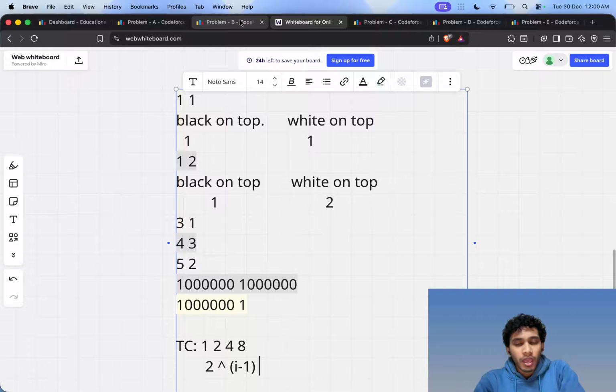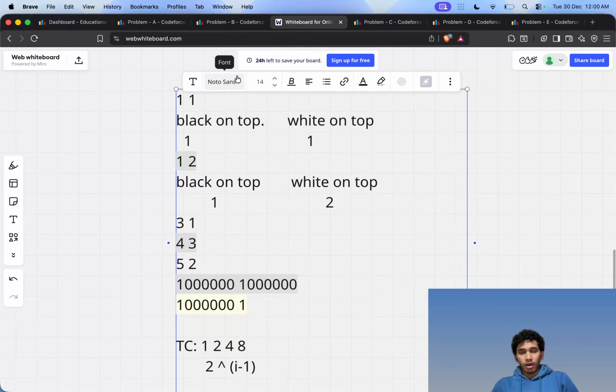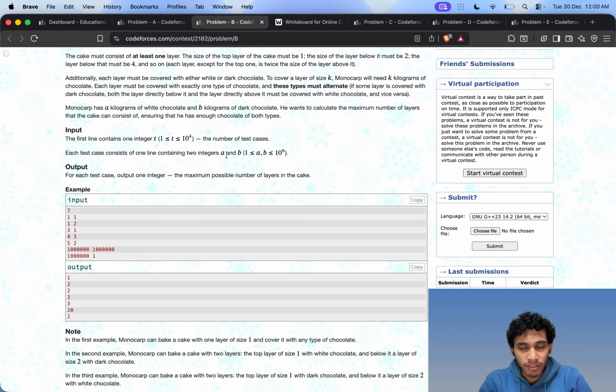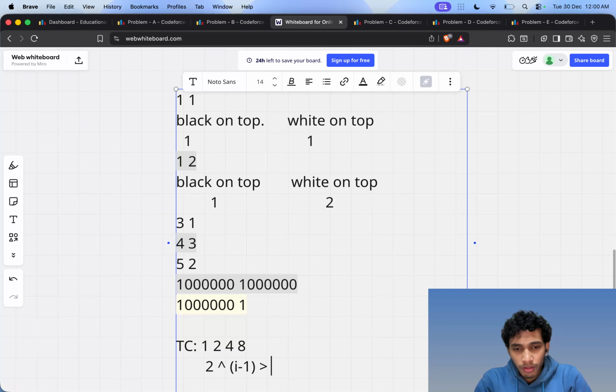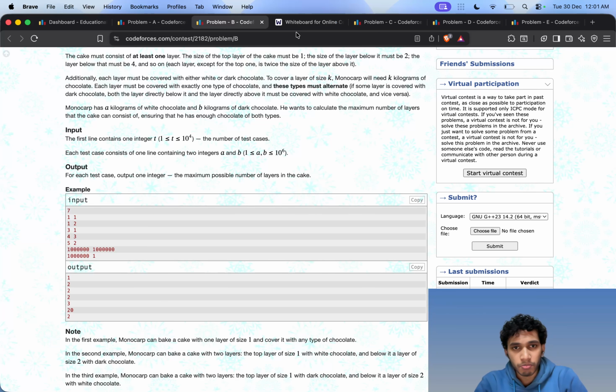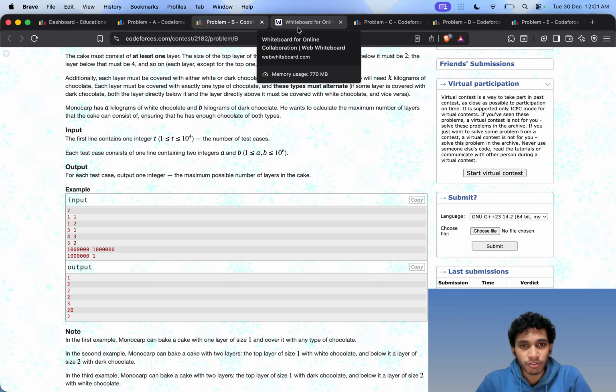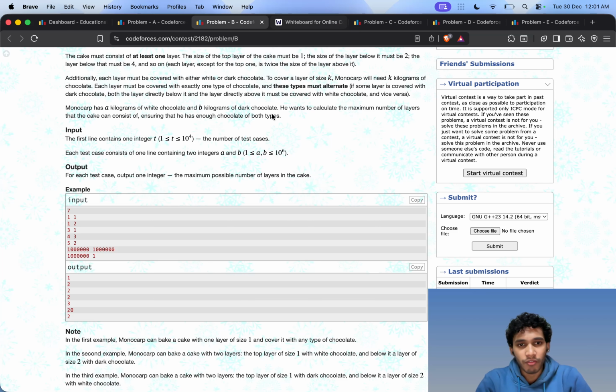And this iteration or looping will stop as soon as this number 2 to the power I is greater than either A or B, min of A comma B, or for now let's assume it is greater than A. In a better scenario, we can assume it is max of A comma B, but it is very much the same.